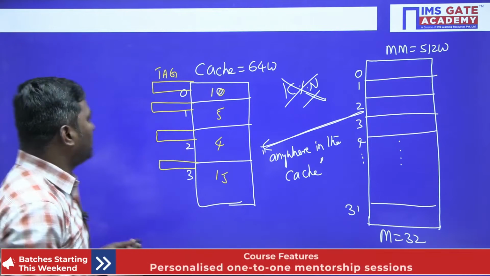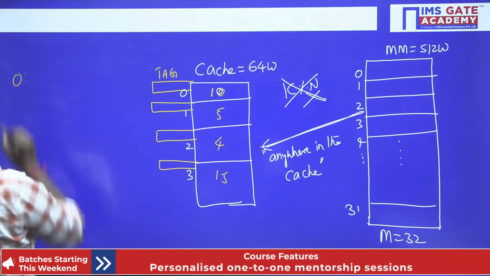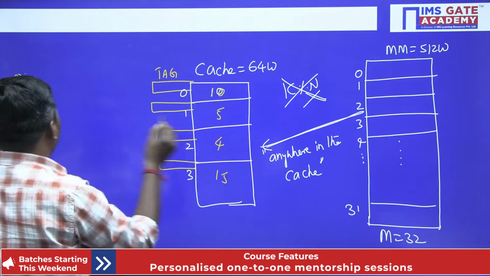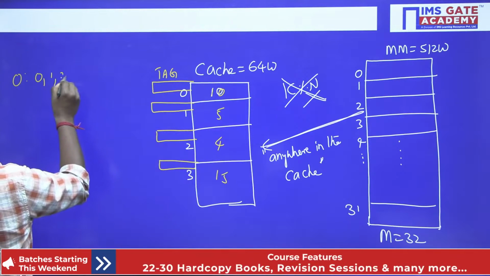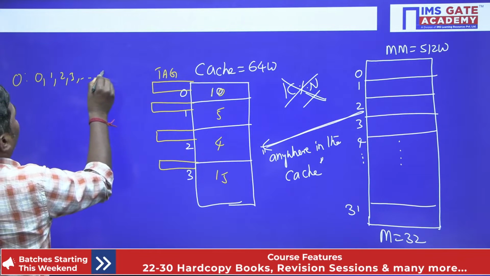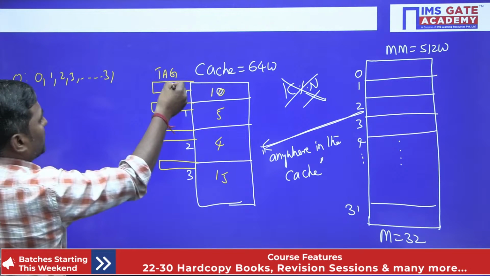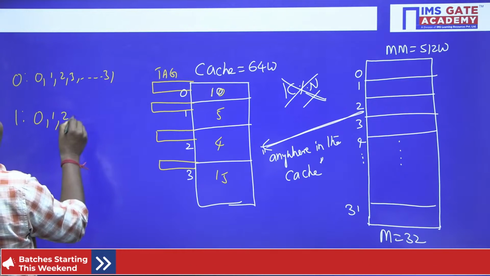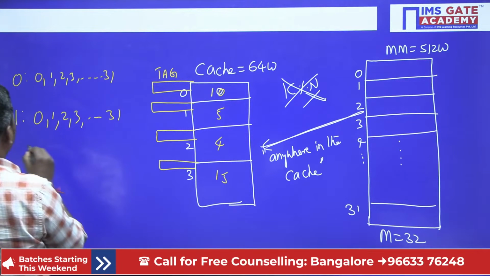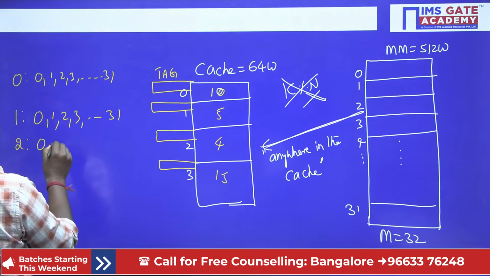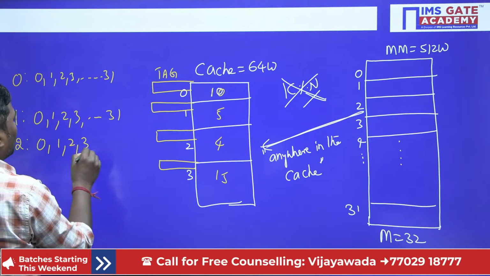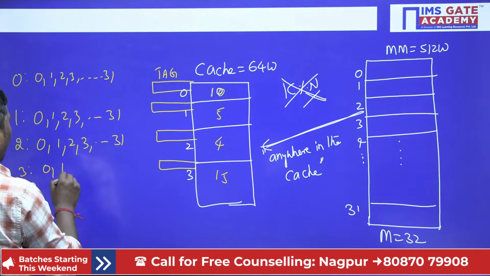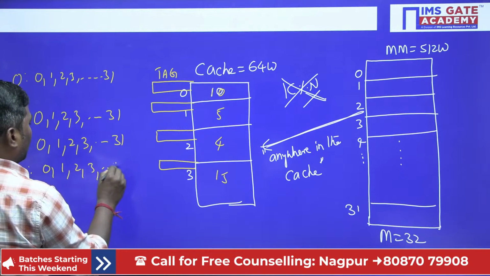Block number 0 can be placed at 0 or 1 or 2 or 3, up to 31. Out of 32, you can place any one. For block number 1 also the same, 0, 1, 2, 3, up to 31. For block number 2 also, and for block number 3 also.